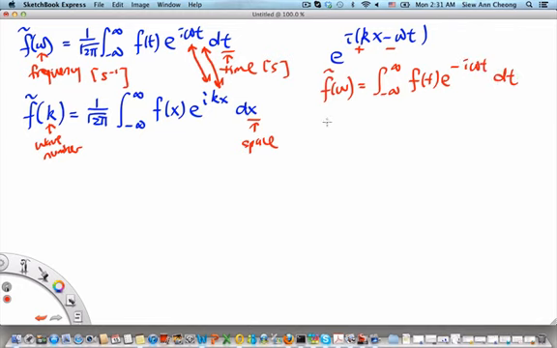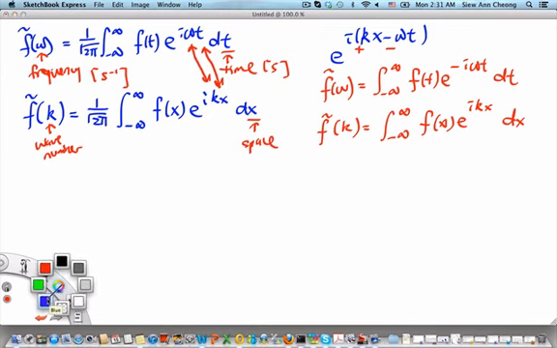But in the same textbook, if they are doing the Fourier transform of a function of space, then they will write its Fourier transform f twiddle of k as the integral from minus infinity to infinity of f(x) e^{i k x} dx. So notice that they have different signs, depending on whether it is a function of time or a function of space.